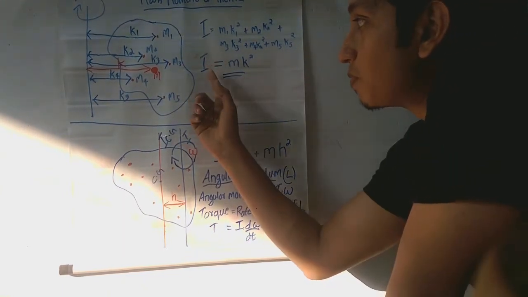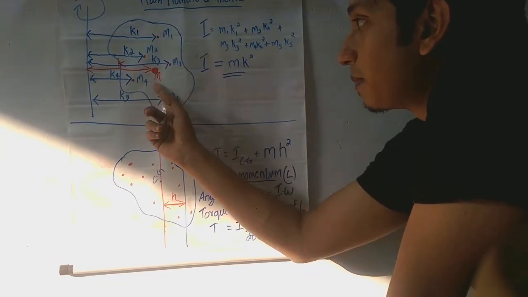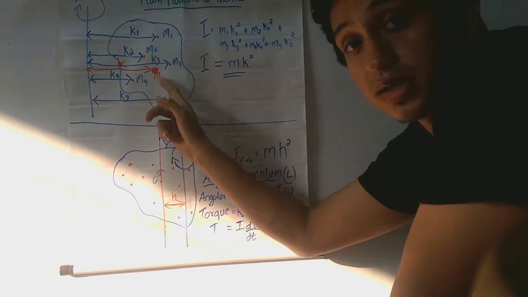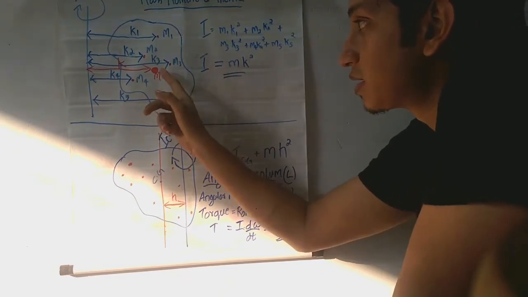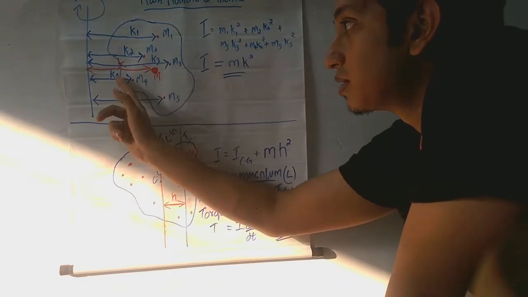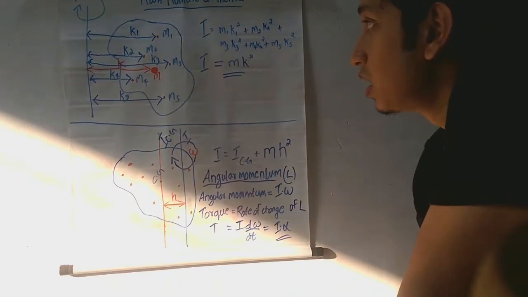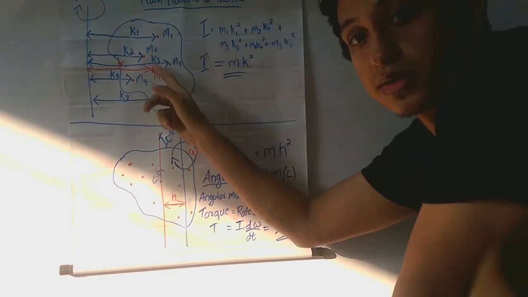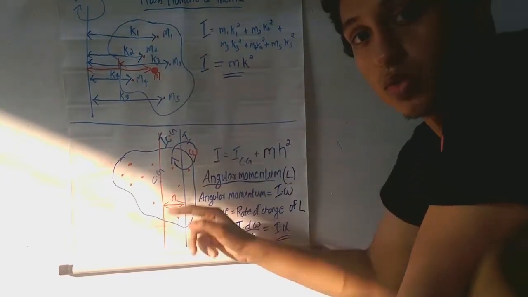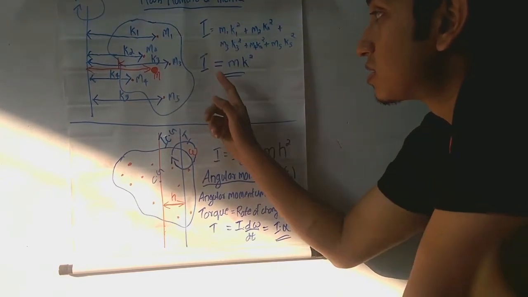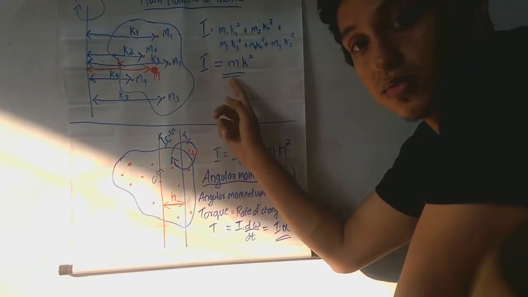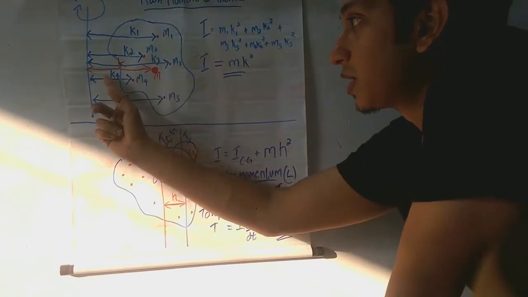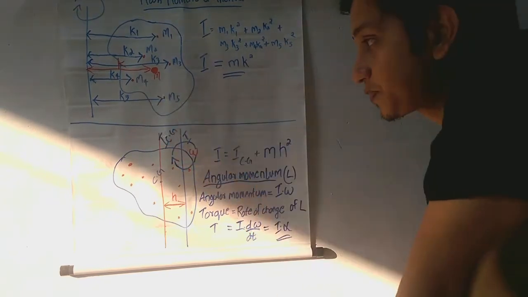So if you put I equals the entire mass concentrated at a single point at the center of gravity, multiplied by the square of the radius of gyration, you will get exactly the same value as the added moment of inertia of all these small masses. So this is the fundamental equation that we use: I equals mass multiplied by the square of the radius of gyration.